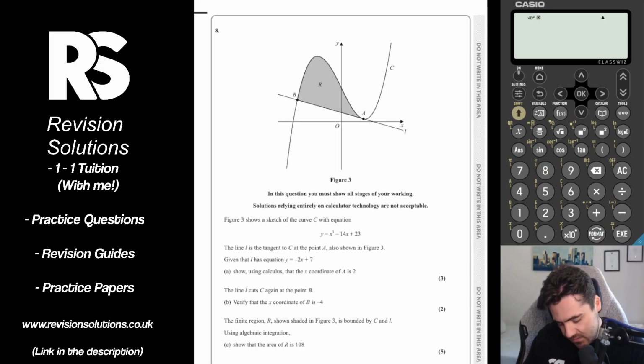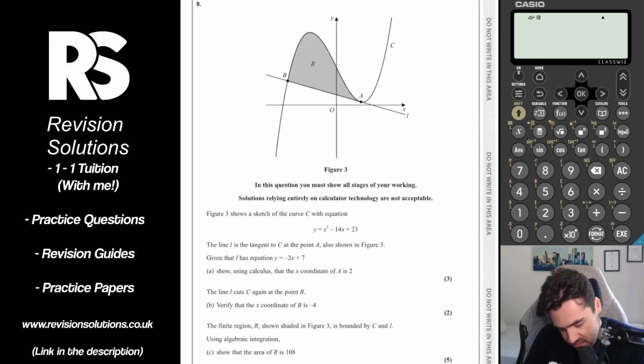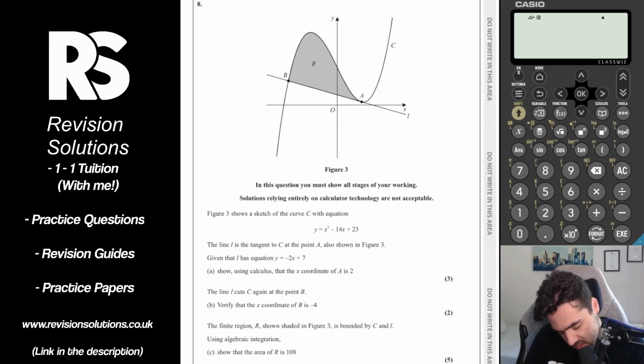Moving on to question 8, it says figure 3 shows a sketch of the curve C with equation y equals x cubed minus 14x plus 23. Given that the tangent has equation y equals minus 2x plus 7, show using calculus that the x-coordinate of A for that tangent is 2. So we know the gradient at A must be minus 2 if that's the tangent.